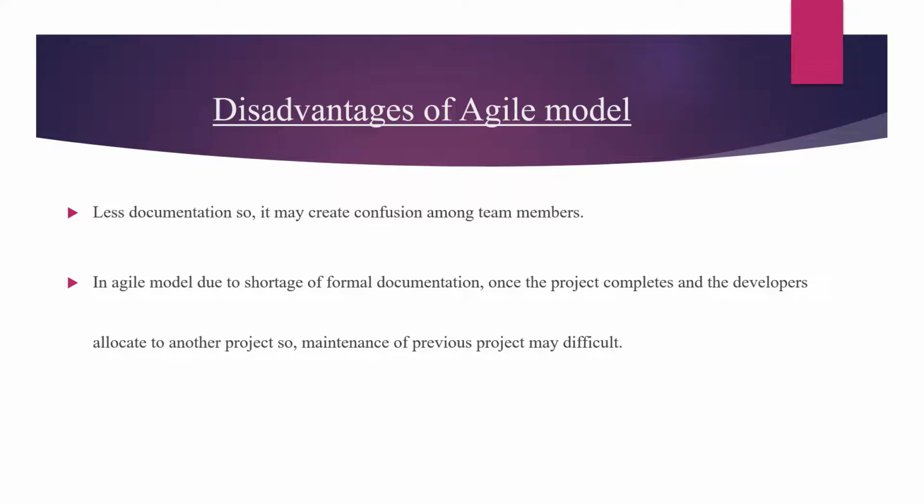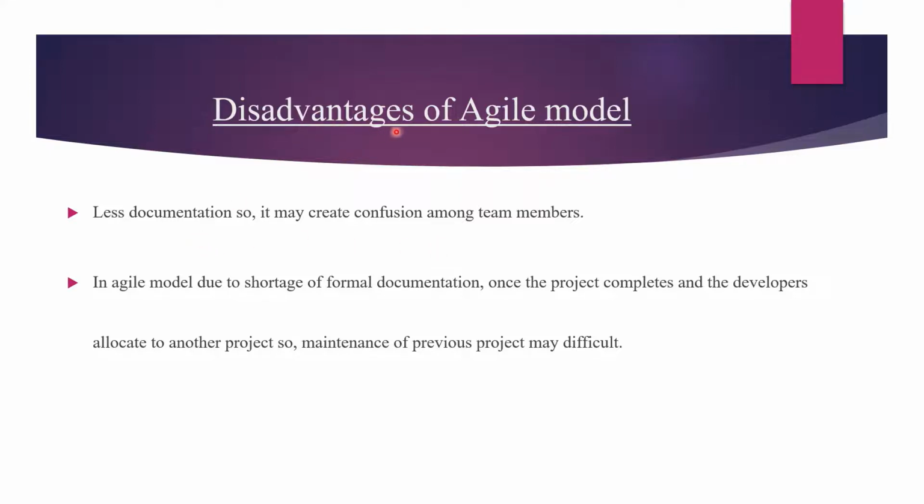These are also some disadvantages of the agile model. In the agile model there is less documentation, so it may create confusion among other team members. That means each phase is connected to another phase, so proper documentation is required.